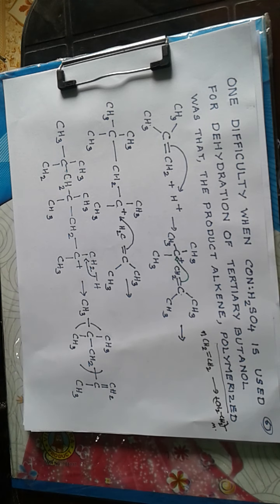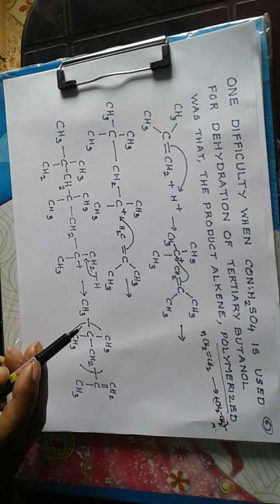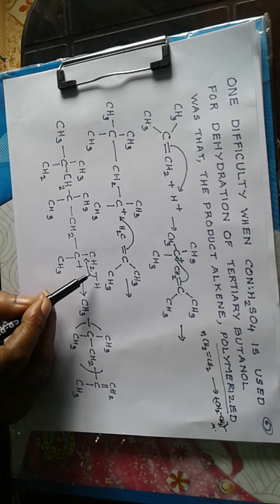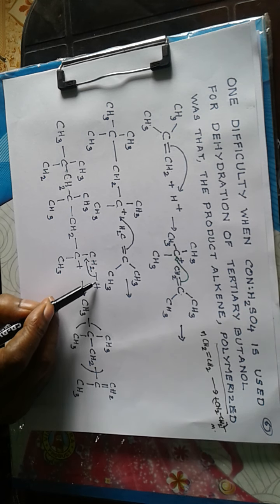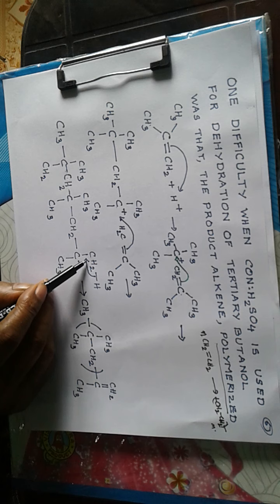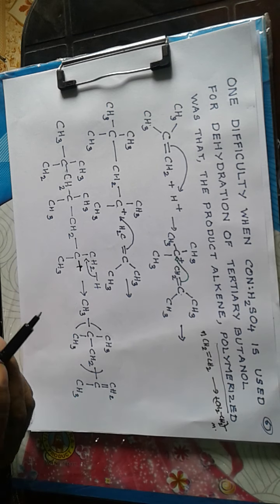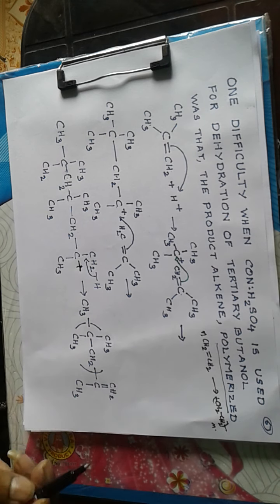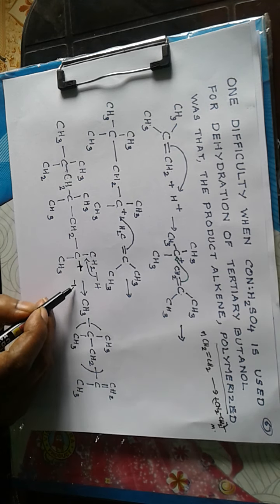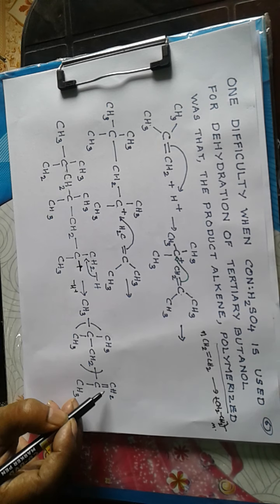So we get this structure, and this may be extended by further reaction with such alkene molecules, and finally a CH bond is shifting in this direction, so that this positive charge is getting neutralized. So removal of H positive is occurring here, and we get this structure.